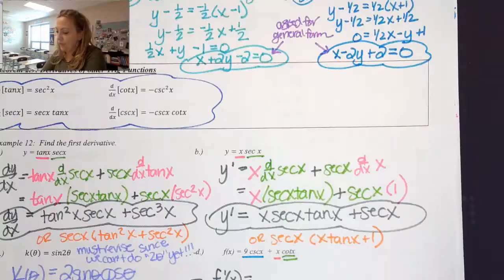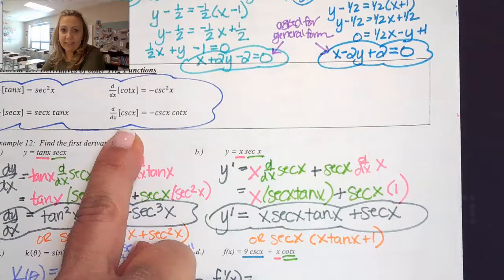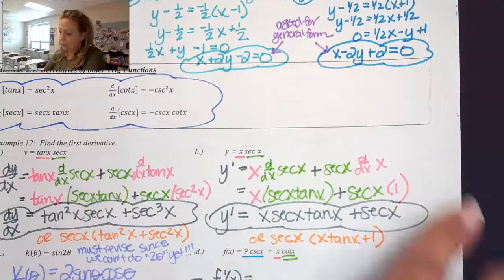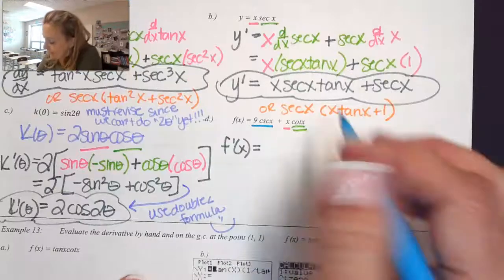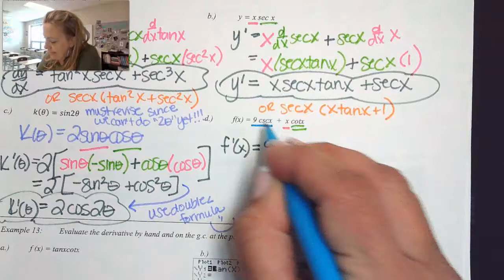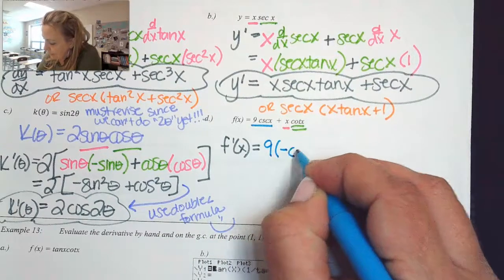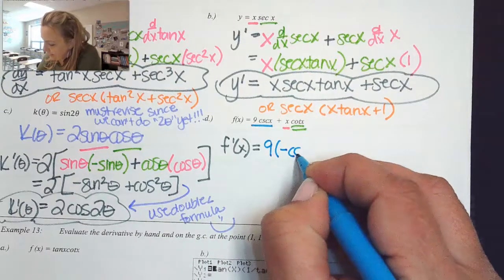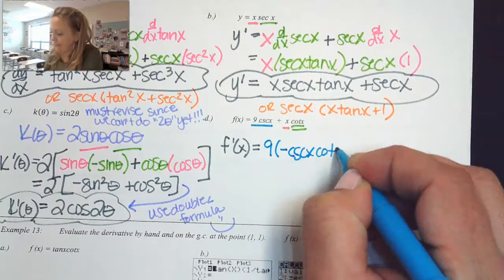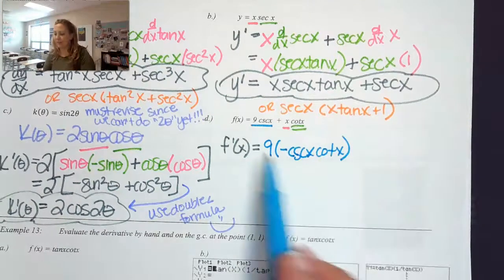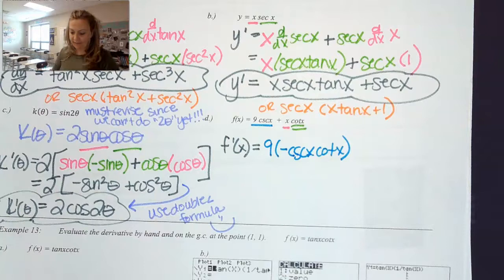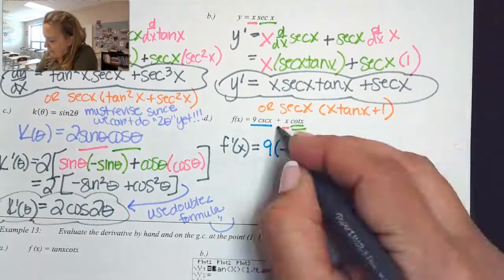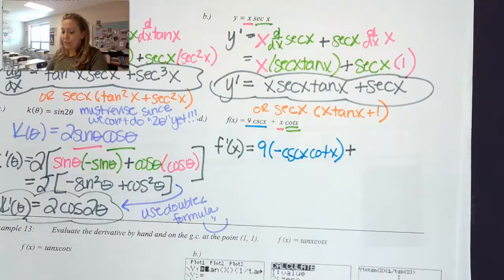And I look, and the derivative of the cosecant of x is negative cosecant x times the cotangent of x. So I'm going to take 9 and then times the opposite of cosecant x cotangent x, and that would be my derivative of 9 times the cosecant of x. Okay. Now I have plus, and now I'm going to use the product rule.